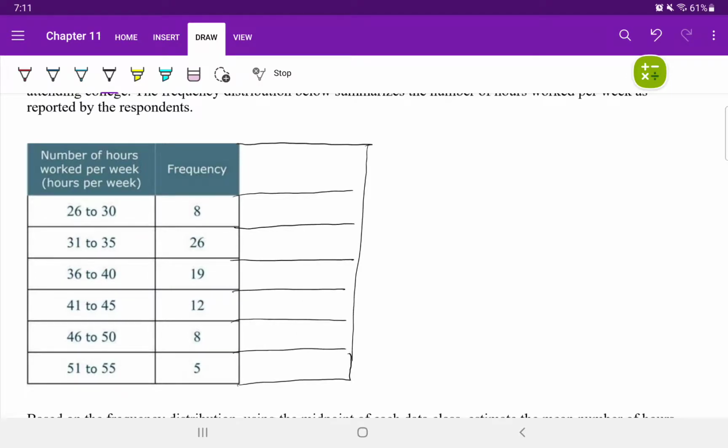And also, we know the total frequency. The total of my table is going to be 78. Now, call that midpoint, and we're going to label that as x of m.